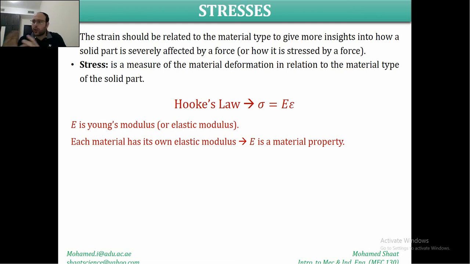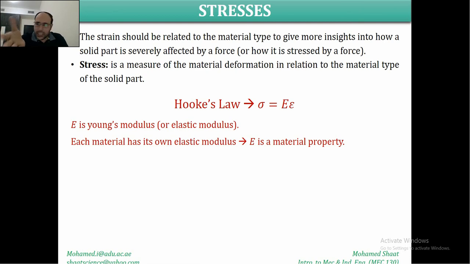The Young's modulus for copper, for example, is a totally different value. For steel, it is a different value. It means that for every specific material type, there is a specific value for the elastic modulus that depends on the material type. That's why it is known as a material property. It is like a name for the material, a special thing that distinguishes one material from another.